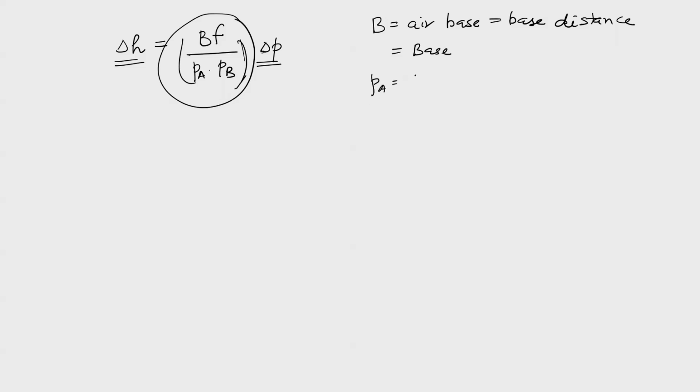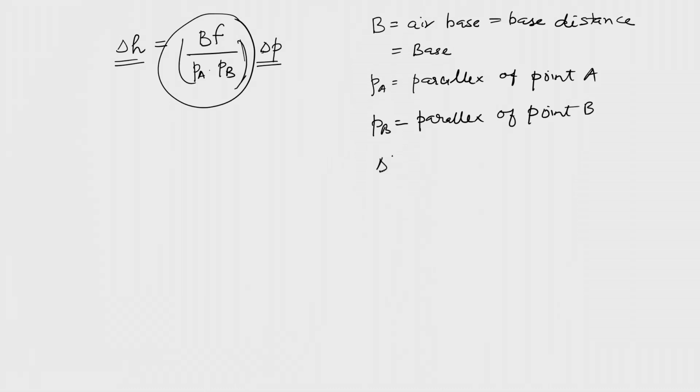PA is the parallax of point A, PB is the parallax of point B. Then we have delta P, the parallax difference of A and B.